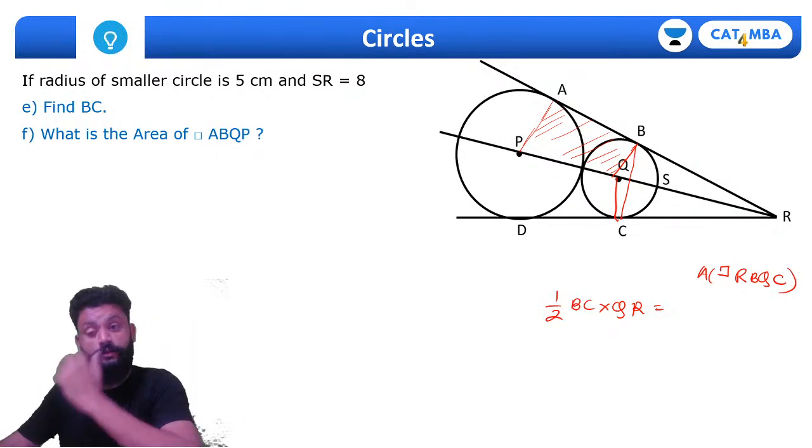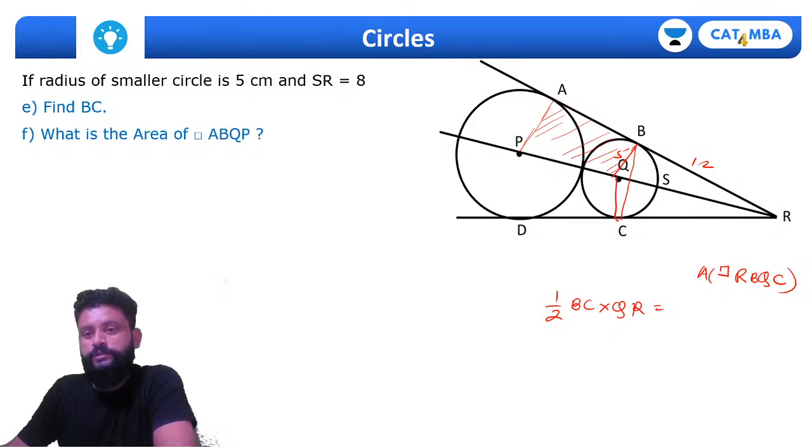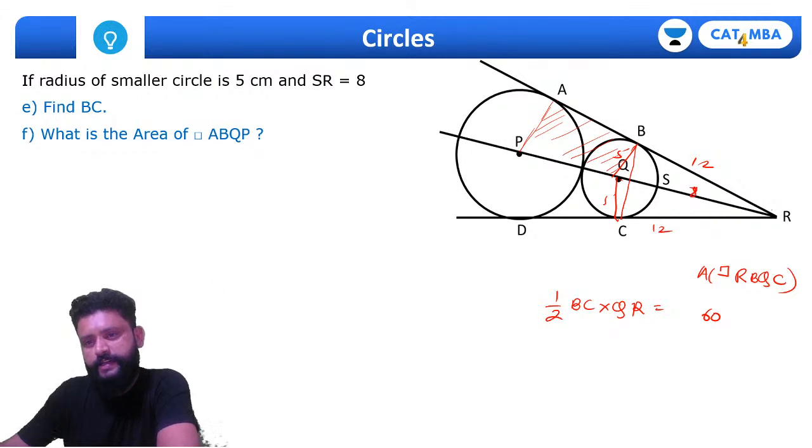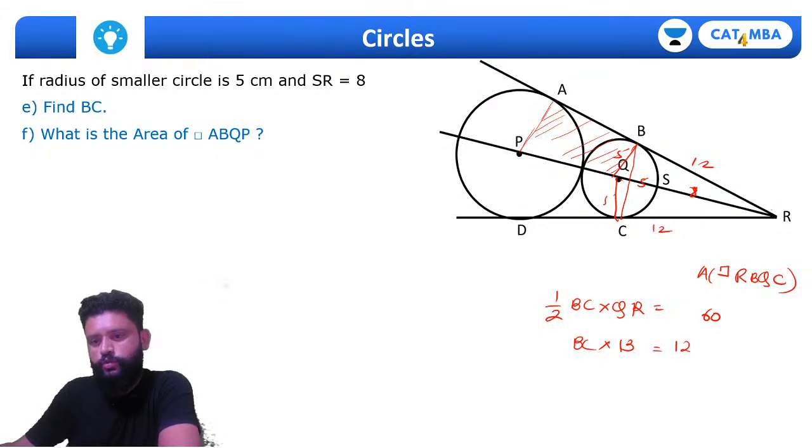What was the area of RBQC? This is 12, this is 5, right? So this was also 5 and 12, so 30 plus 30 is 60. This has to be 60. So BC into QR, QR we know is 8 plus 5, 13, into BC has to be equal to 120.